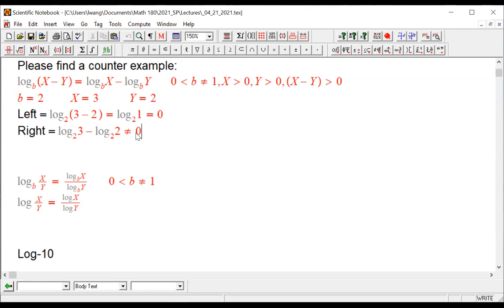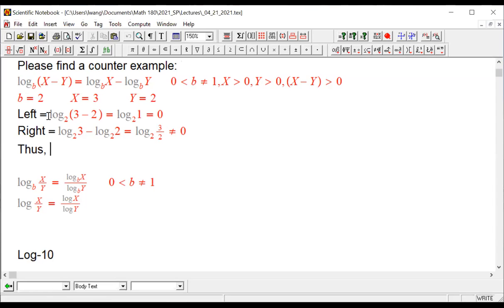You don't need to bother with a calculator because it's obvious: log base 2, log base 3. If you want to go further, you can do the quotient rule, log base 2 of 3 over 2. That's not 0, right? Thus, then you say thus.